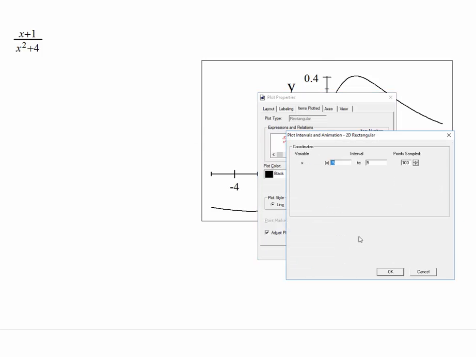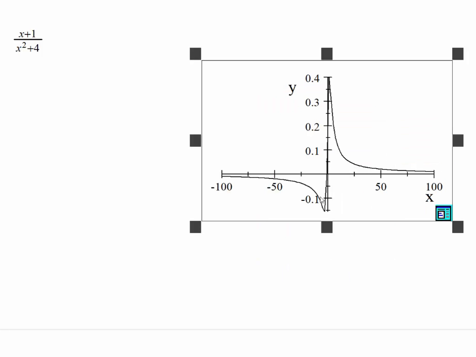I can enlarge the area, and you can see there is no vertical asymptote.